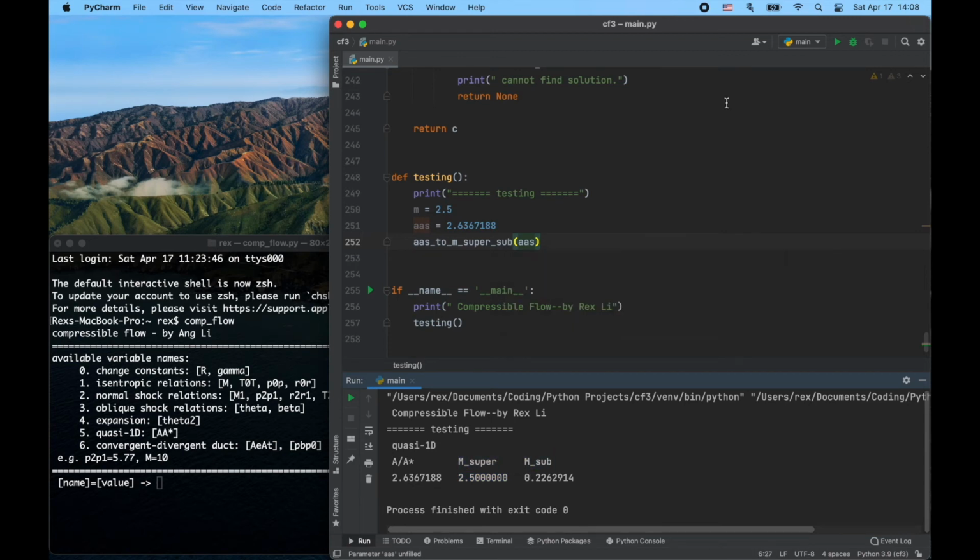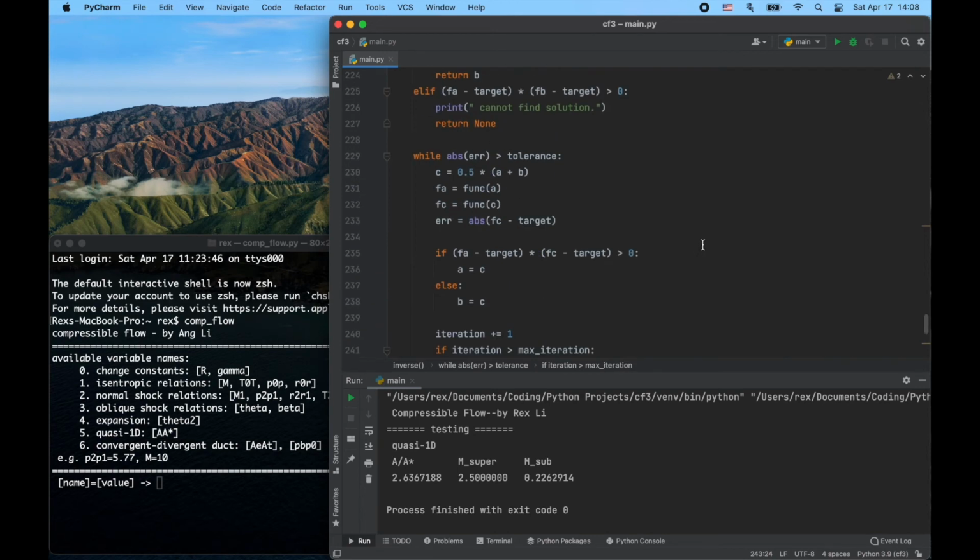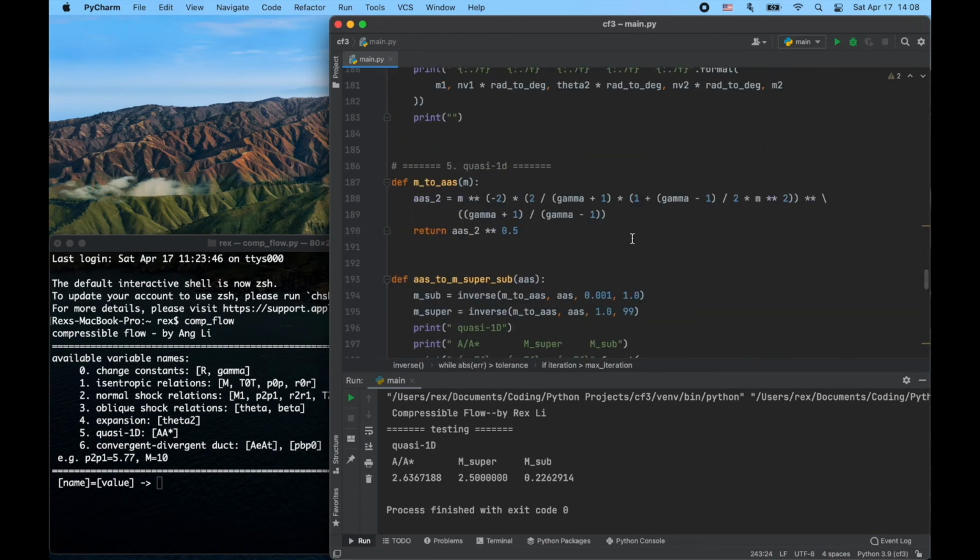Now we can replace tables 8.1, 8.2 for normal shock, 8.5 for expansion waves, and the diagram for Mach number, theta, and beta. We can just use our code for all of these three tables and the diagram.